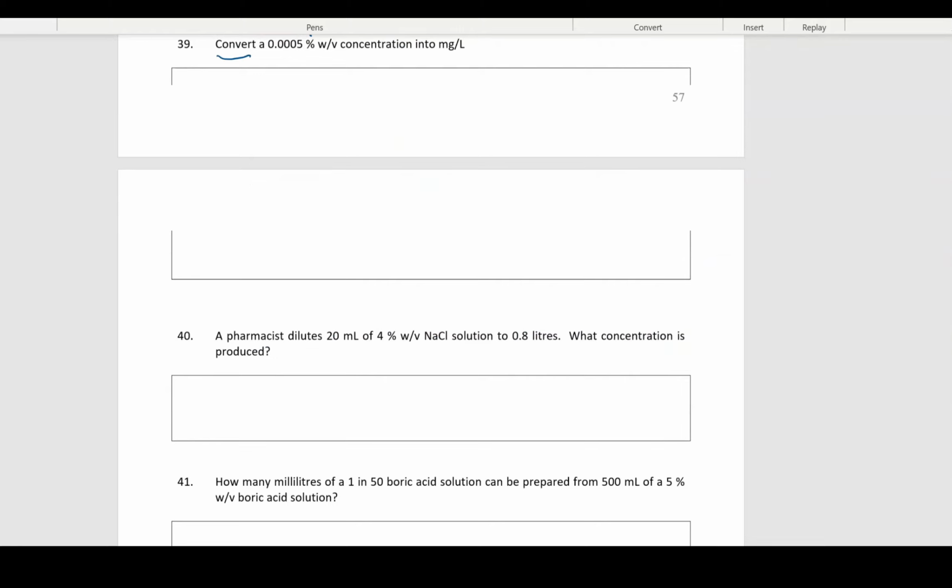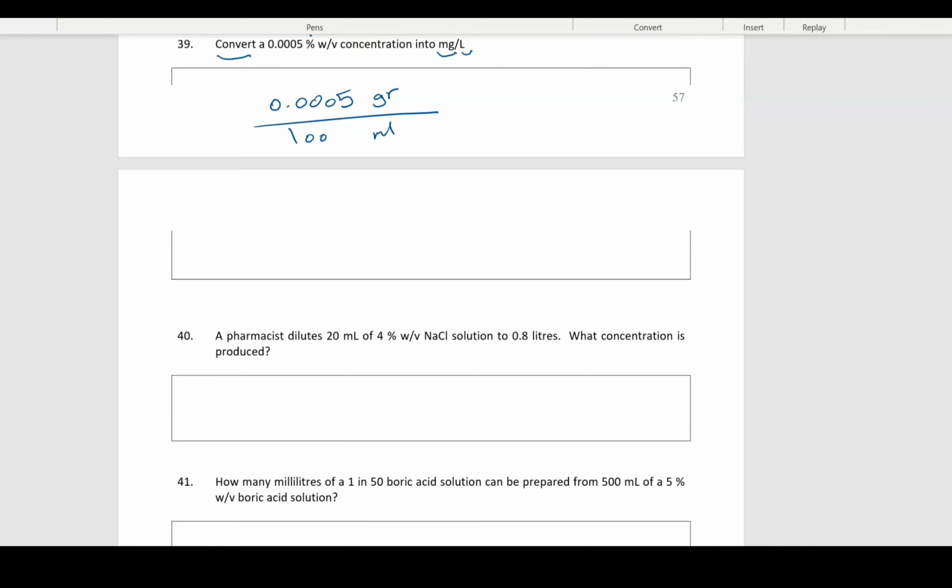Convert 0.0005 into the concentration of milligrams in 1 liter. First of all, 0.0005 gram in 100 milliliters.